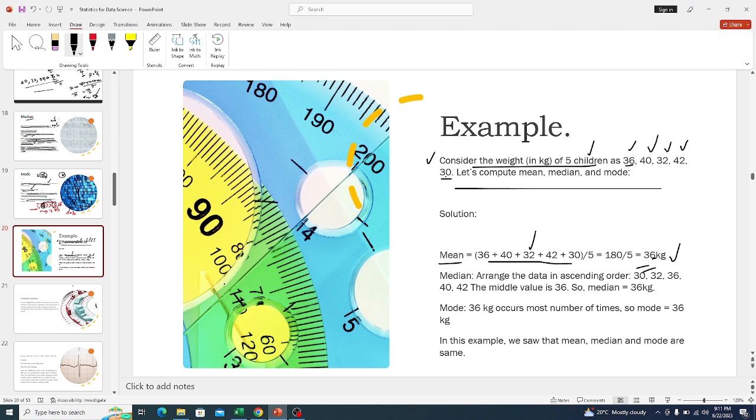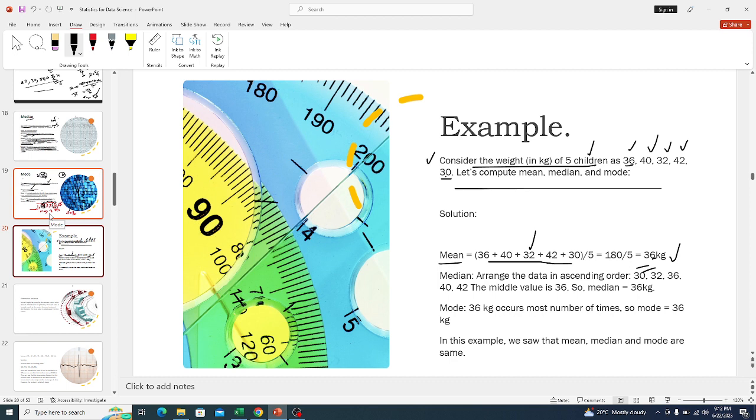Now before we go to the second measure in descriptive statistics, we have some drawbacks, or setbacks. In measures of central tendency, you can't use one measure to conclude about your data set.